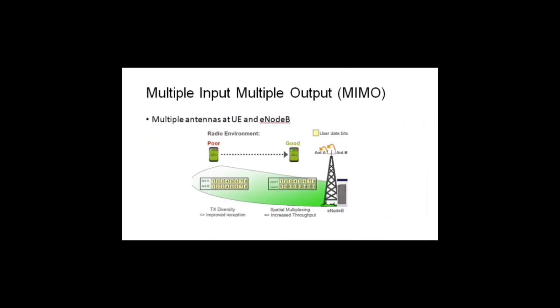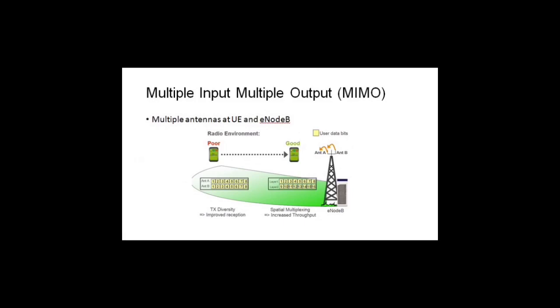In LTE, MIMO, multiple input, multiple output, is included in the standard. In the first releases of LTE, the eNodeB is equipped with 2 transmit antennas and the UE with 2 receive antennas. In a poor radio environment, both eNodeB antennas can send the same data to improve reception at the UE.